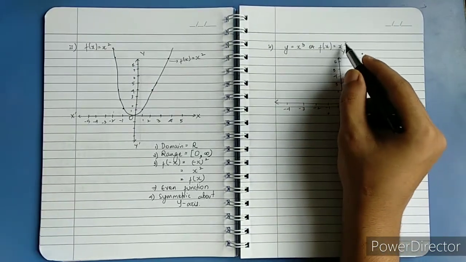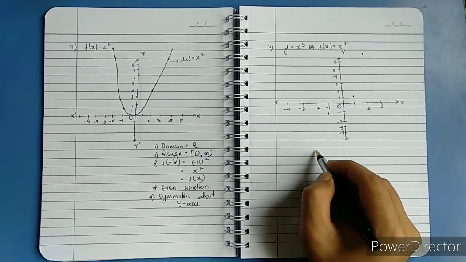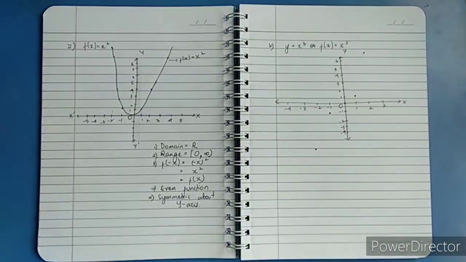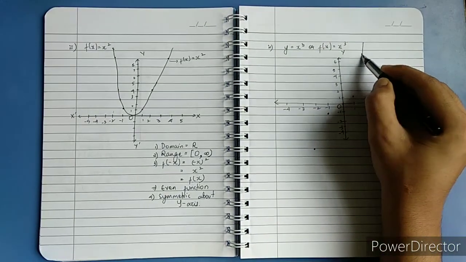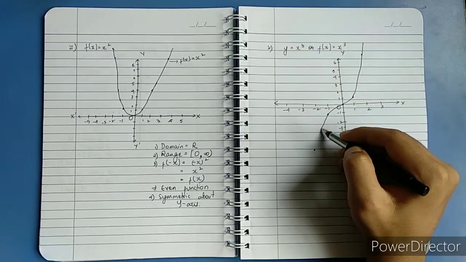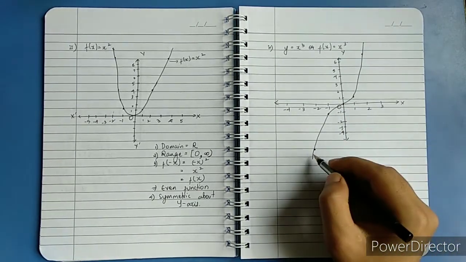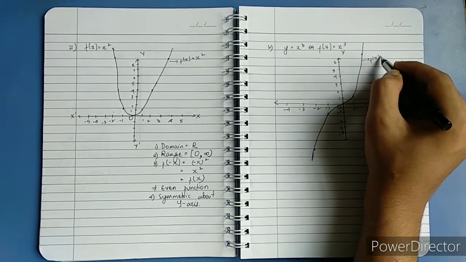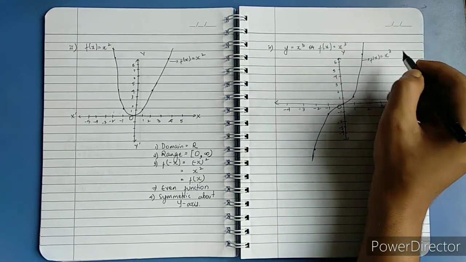F of minus 2 is minus 2 cube, that is minus 8. So f of minus 3 will become minus 27. So what is happening is, the graph is coming in this way. This is our graph for f of x equals x cube.